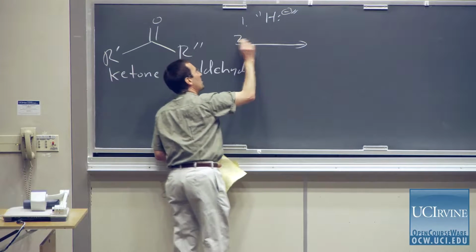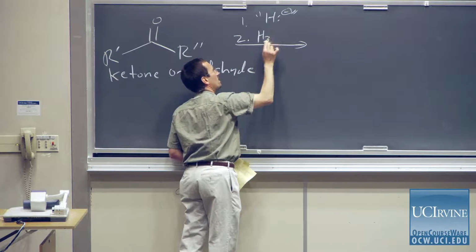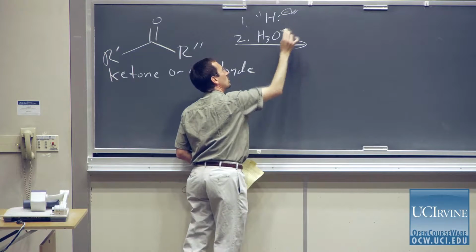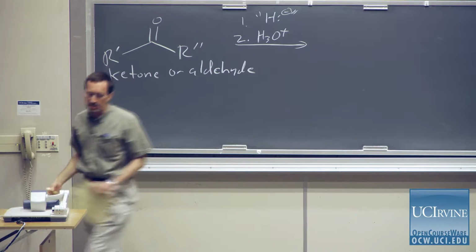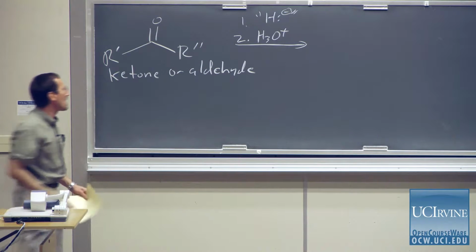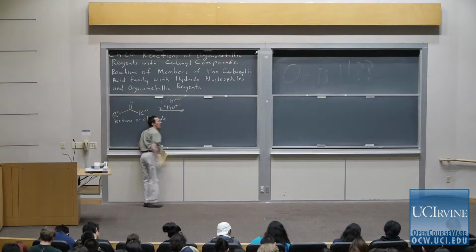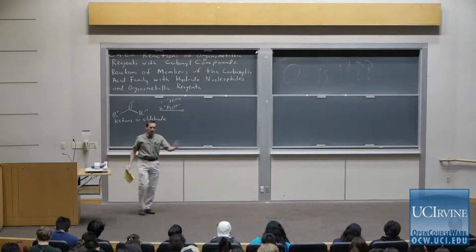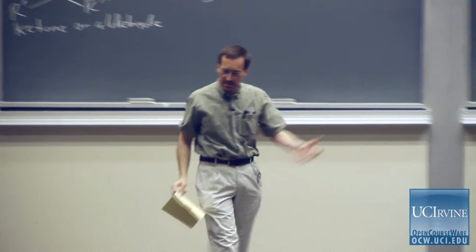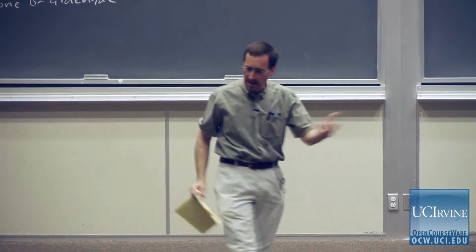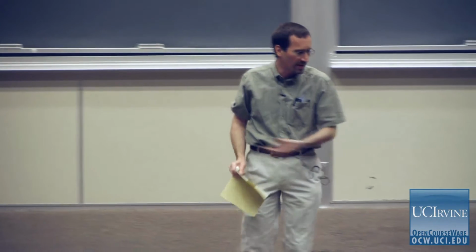Then we carry out a workup with aqueous acid, H3O+, or in some cases you can use water. Again, I'll put this in quotes because you can't go and buy a bottle of H3O+. You could take sulfuric acid and pour it into water to make hydronium ion and bisulfate ion.